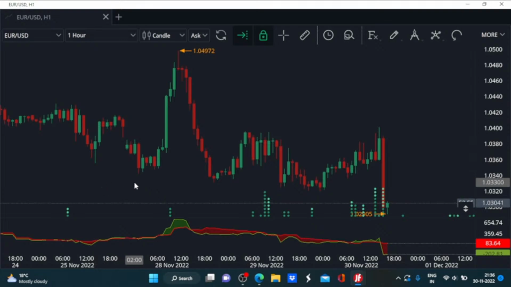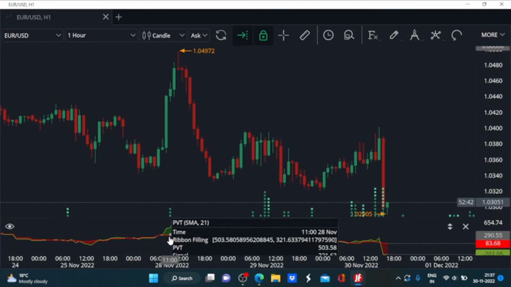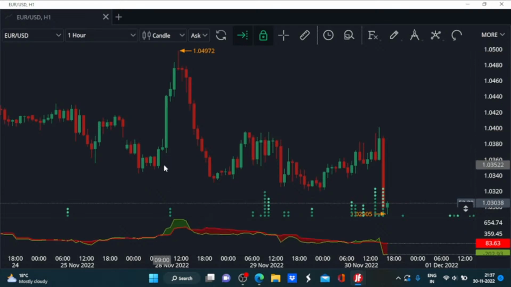Now, if we simply take into consideration the examples from this week only, here we had a crossover happening a couple of times. If we go back to the Monday, here we had this crossover on the bullish side, and that was well sustained. And if any of you were to use this indicator, you would have made a significant amount of money that day.